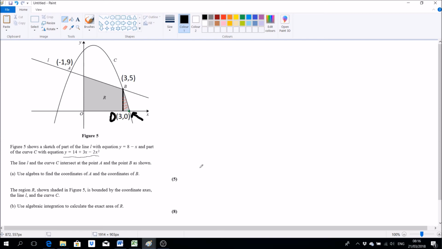We have to integrate it first, so let's just integrate it. 14 plus 3x minus 2x squared dx. So if we integrate this, we should get 14x plus 3 over 2 x squared minus 2 over 3 x cubed.